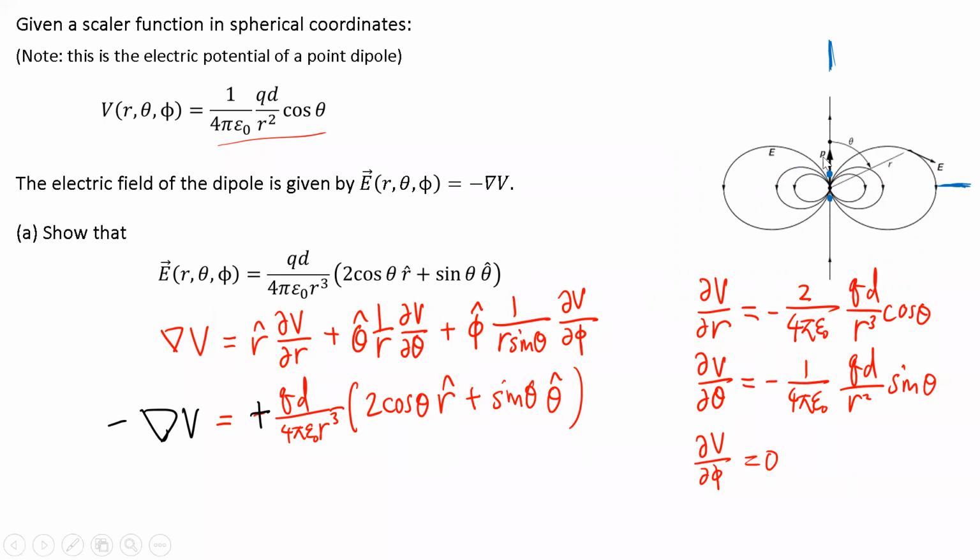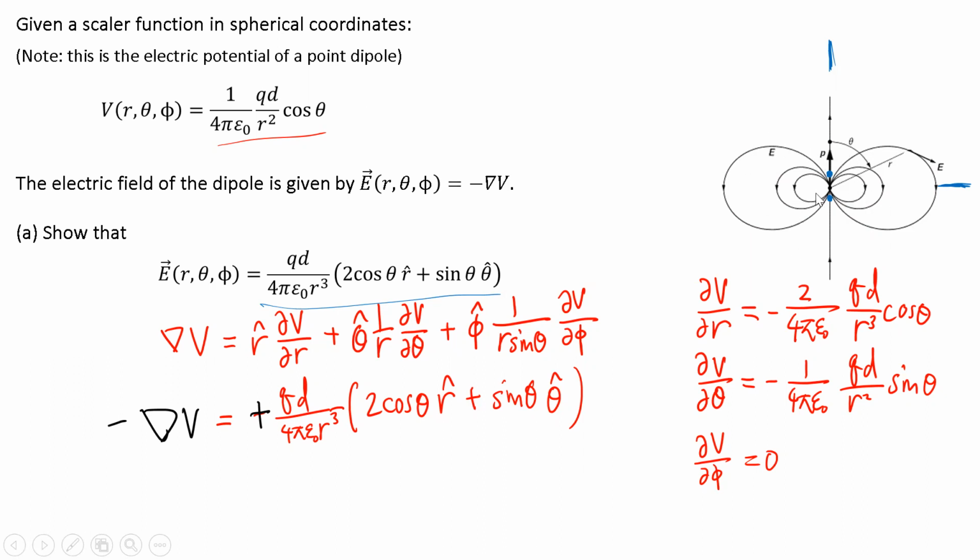But if you want to find the electric field for all space, the condition is that this actually only works when you are far away from the dipole. Then the electric field at any point is given by this. You can see that it has an r component and a theta component. If I draw the field pattern, it looks something like this.